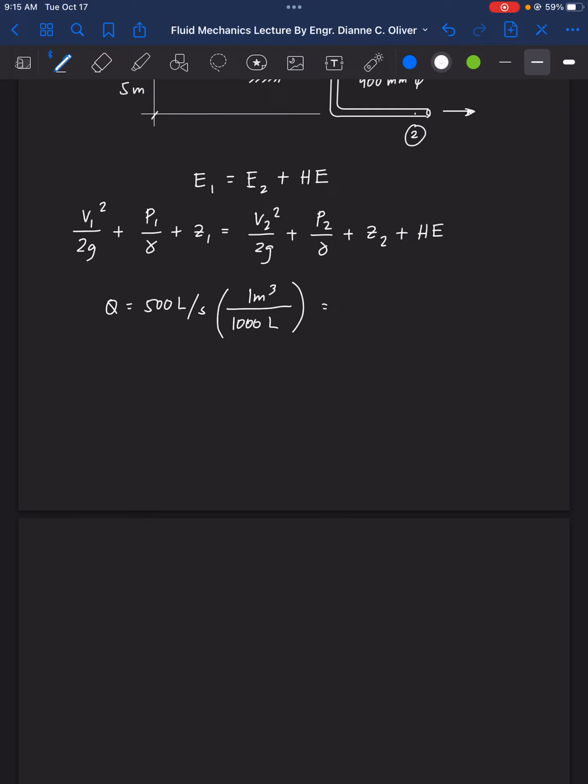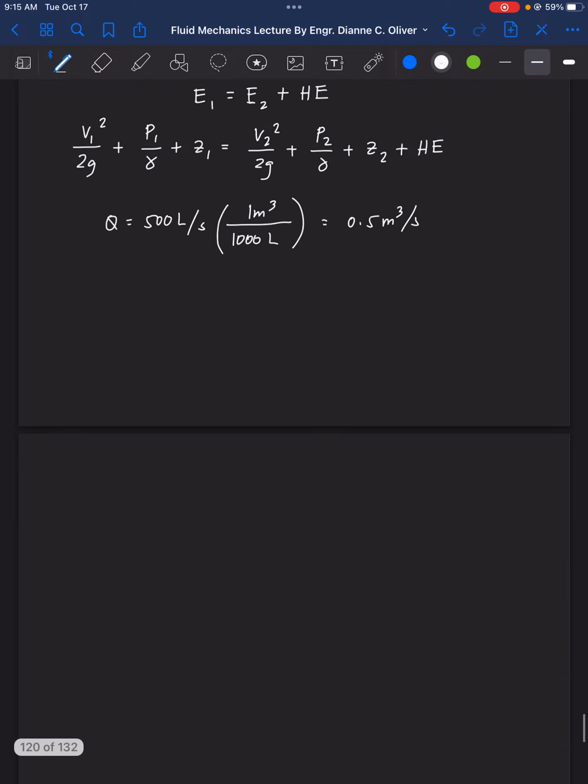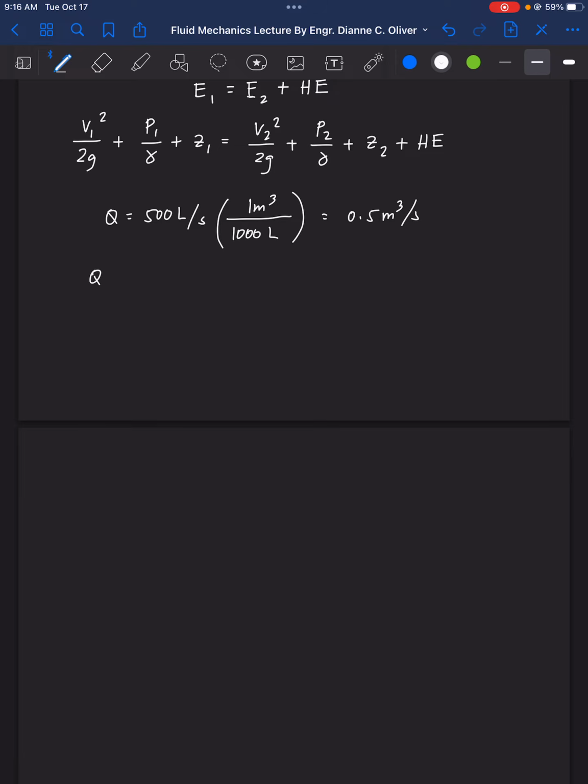So this is equal to 0.5 cubic meter per second. Since this is a series flow, Q1 is equal to Q2, which is A1V1 equal to A2V2.